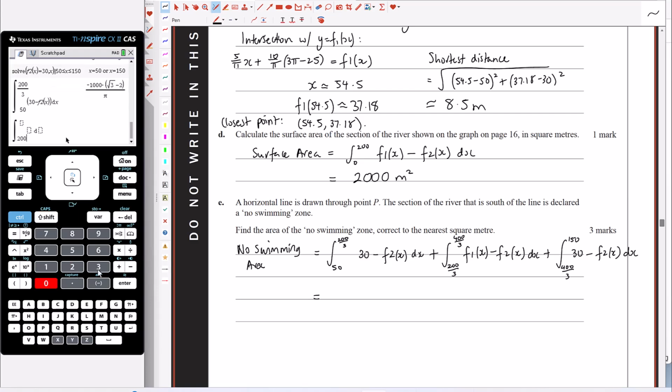It's going to be 200 on 3 to 400 on 3 of f1 of x, oops, minus f2 of x dx, and then it's going to be 400 on 3 to 150 of 30 minus f2 of x.